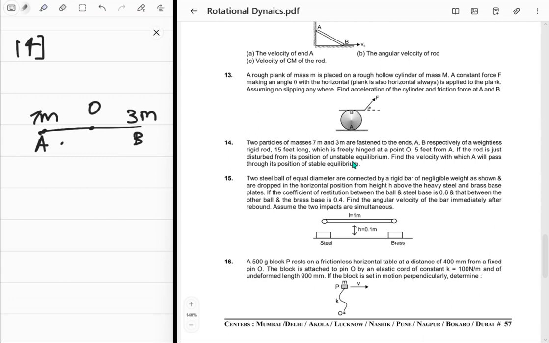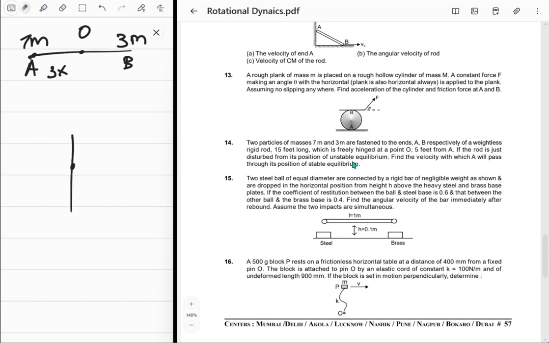I'm going to call it 3x, I don't know. If the rod is just disturbed from its position of unstable equilibrium. Unstable. Oh yes, like this guy. Okay. So it's hinged. I guess this is not moving. Yeah. Just got A over here, got B over here. That's 7m. This is 3m.